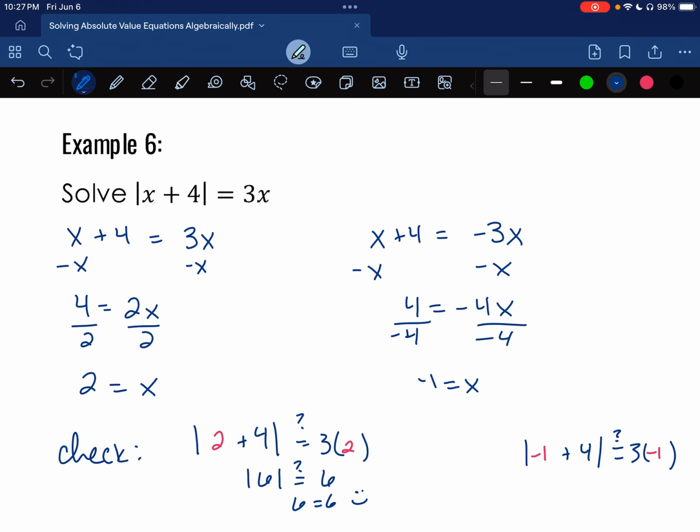That's perfect. Over here, negative 1 plus 4, that's going to be the absolute value of 3. We want to know if that's equal to negative 3. Well, this is going to be positive 3 equals negative 3, right? Which is not true. So that means this is our first extraneous solution, and x equals 2 is our only solution. All right, folks, there you have it.